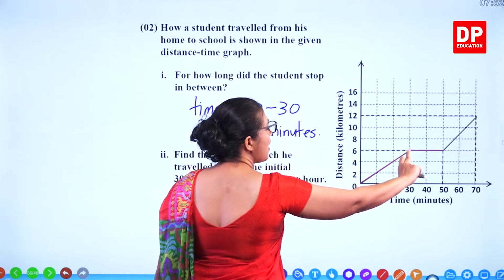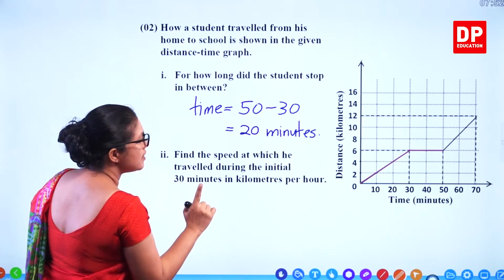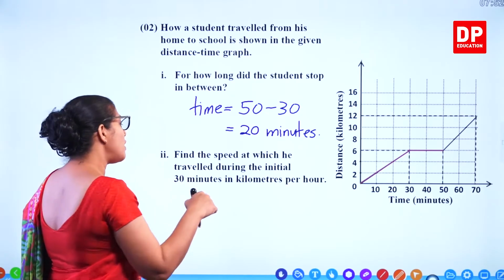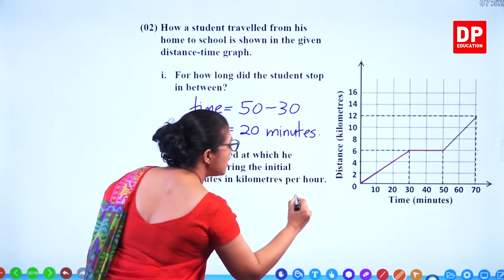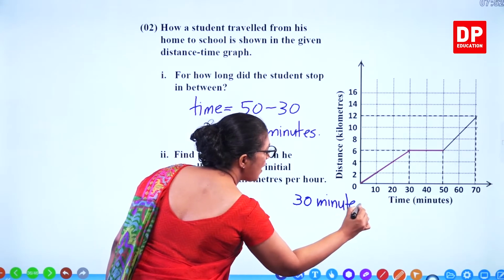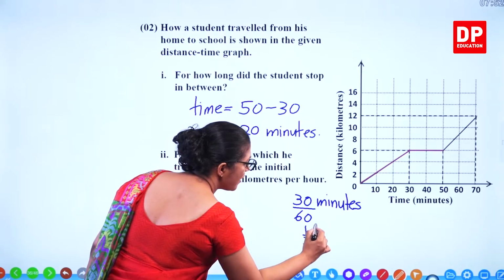This part becomes 6 kilometers travelled within 30 minutes. But they want in hours. So 30 minutes in hours. How you convert? Divide by 60. So you get half an hour.